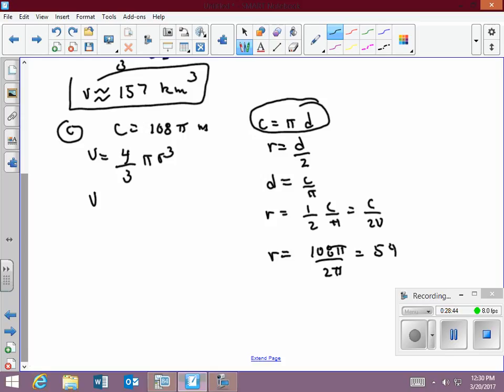So the volume is 4/3 pi, and then it's going to be 54 cubed.